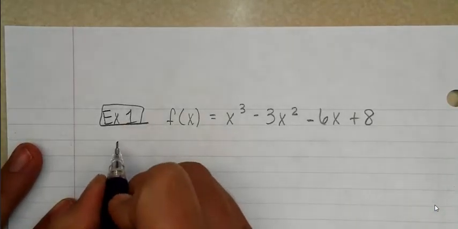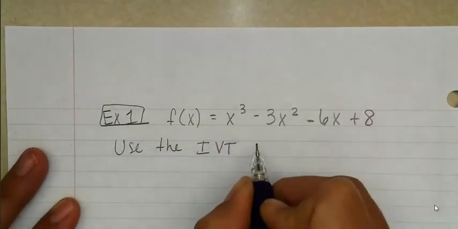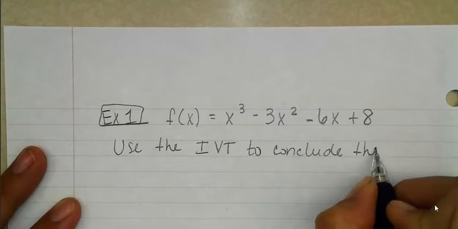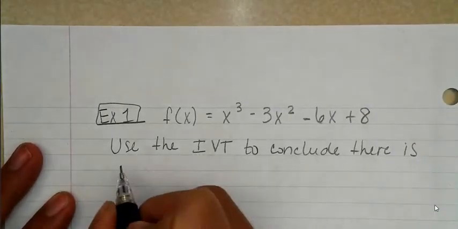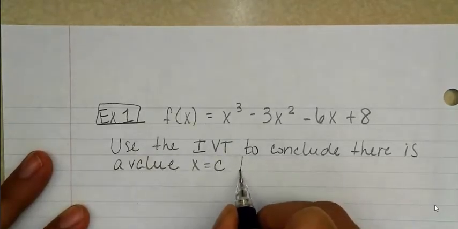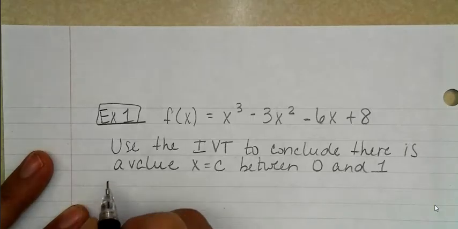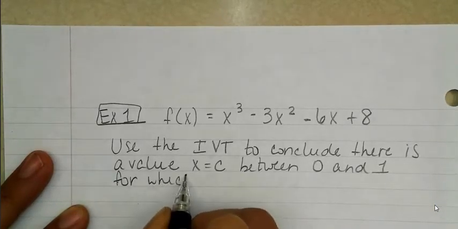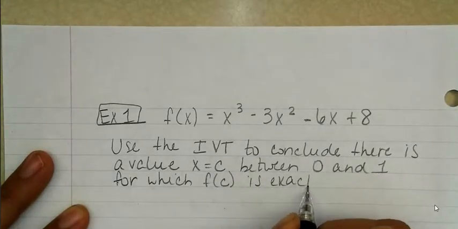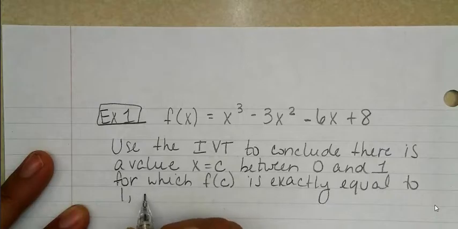We need to use the intermediate value theorem to conclude there is a value x equals c between the numbers 0 and 1 for which f of c is exactly equal to 1. And we'll find this value.